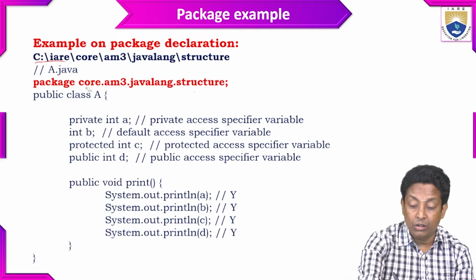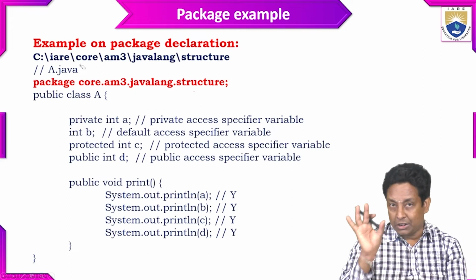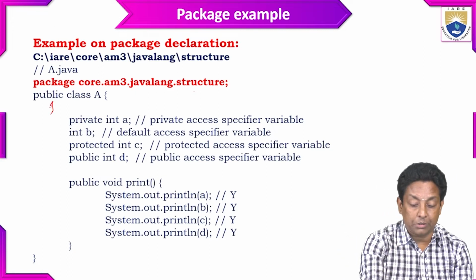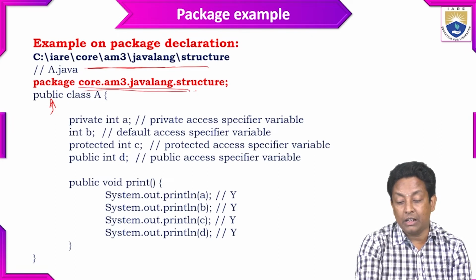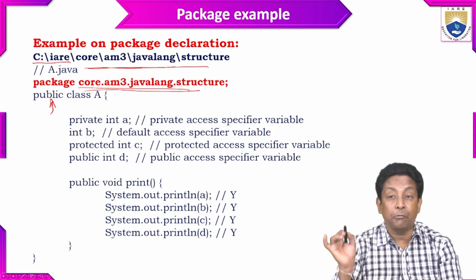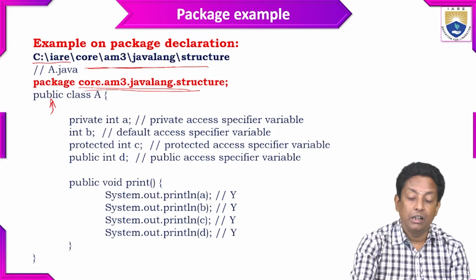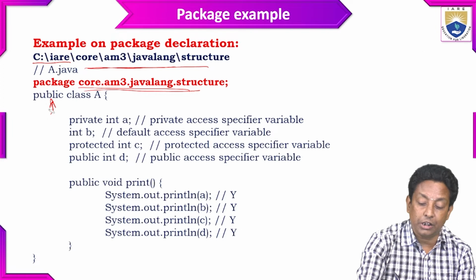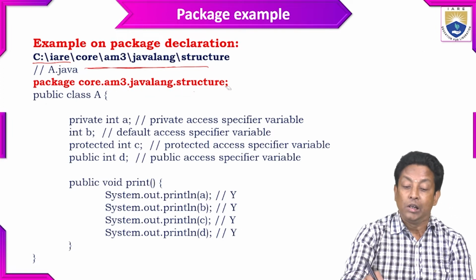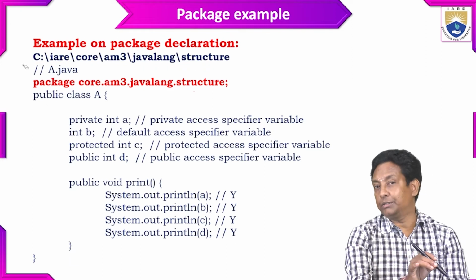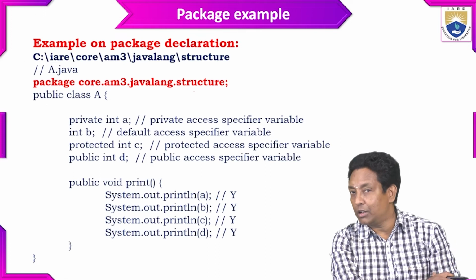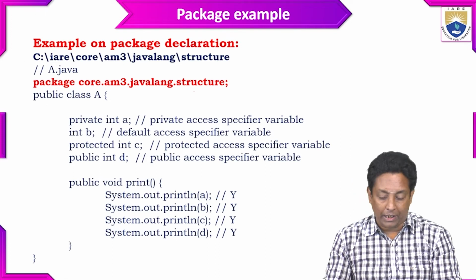Once again, to remind you: the class should be declared as public, our current directory should be declared as a package, and up to whatever extent we declared as a package, its parent directory must be updated in the classpath declaration. These three are very essential. If you don't declare the class as public, or don't declare the package, or don't update the parent directory in the classpath, the class cannot be accessed outside the package.